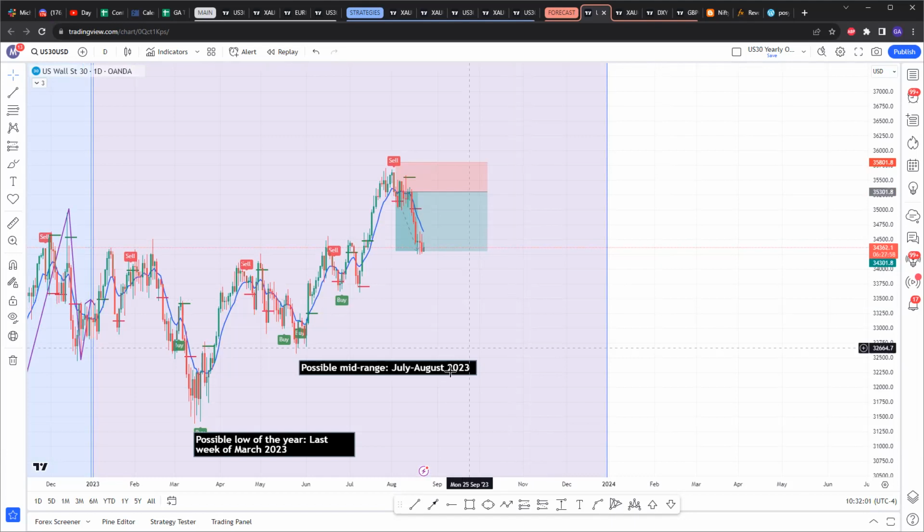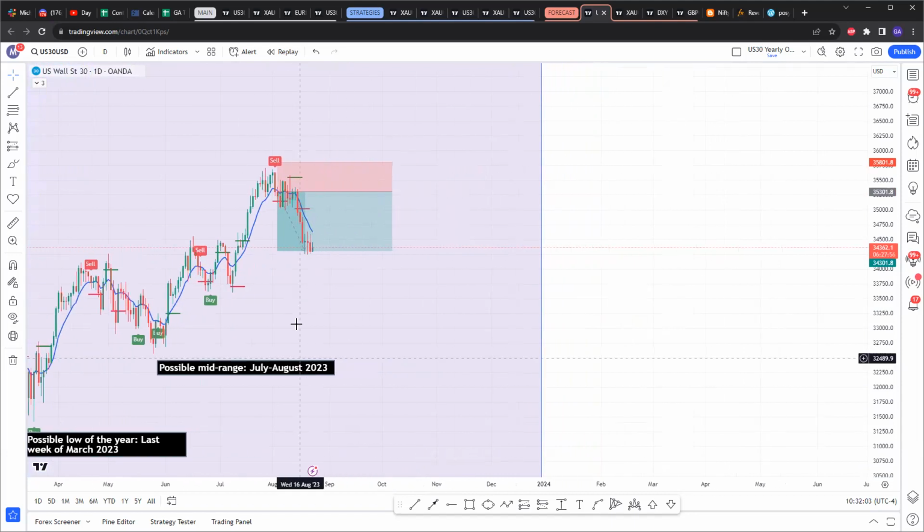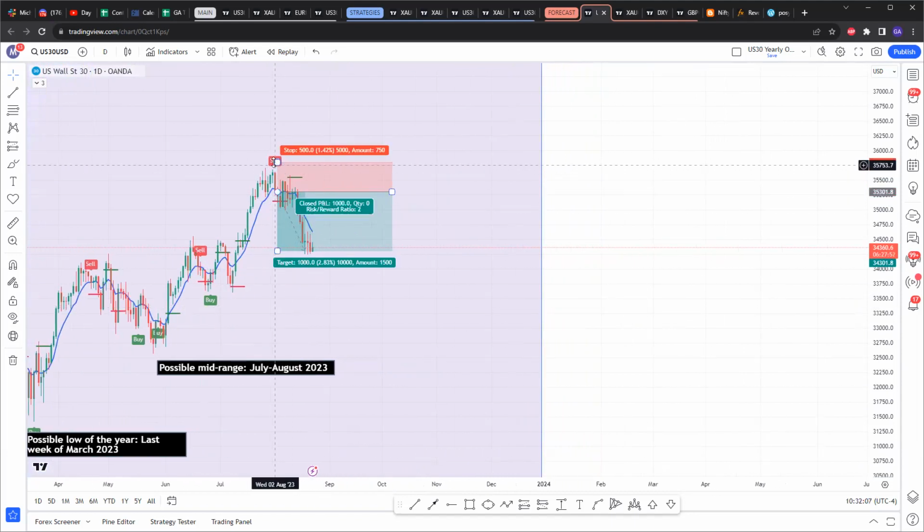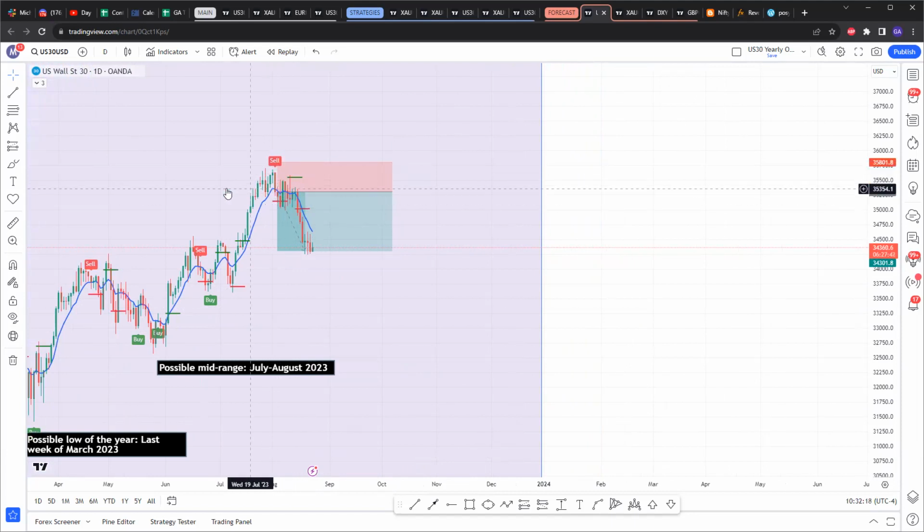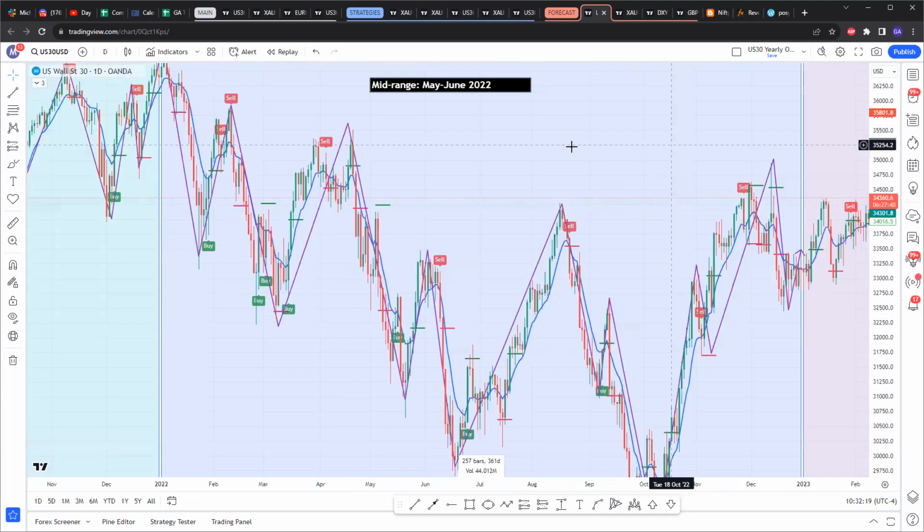That's a good question. So if it falls between June and July, the major thing that has stood out is that there has been a sell signal in between those 3 months. So here we can see in August, we had that sell signal, and that's why I sent out that sell on US30. We do the same thing here, mid-range, May and June.